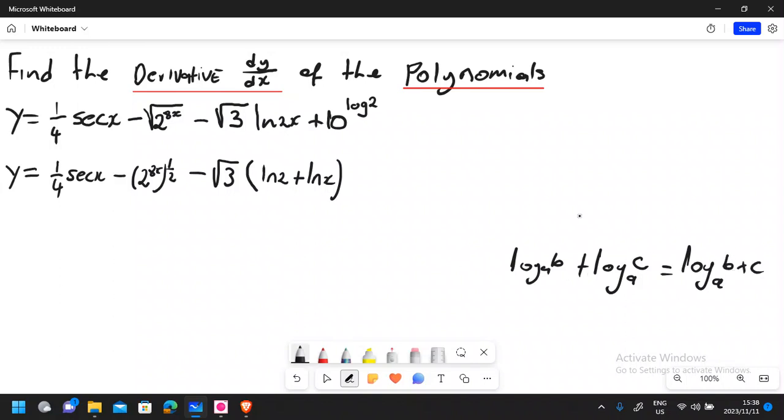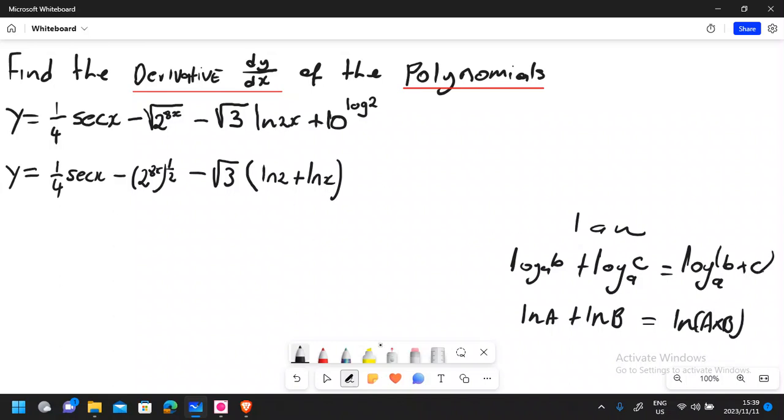This law is the same even for natural logs. If you have natural log a plus natural log b, you can also write it like this: natural log of a multiplied by b, or ab. So guys, this is very important.